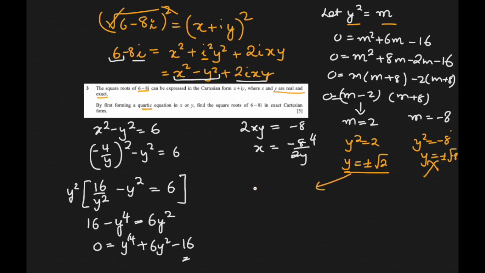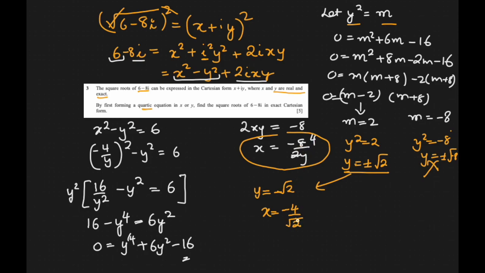So if y is square root 2, what will be x? And x was this, minus 4 over y. X equal to minus 4 over square root 2.